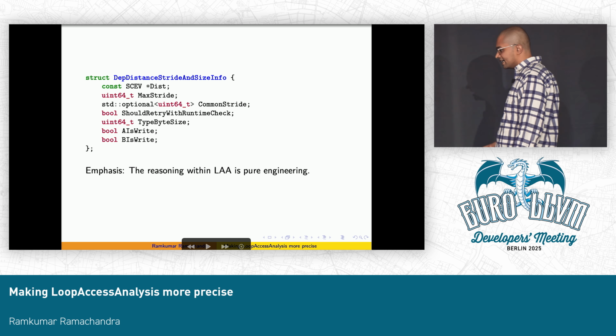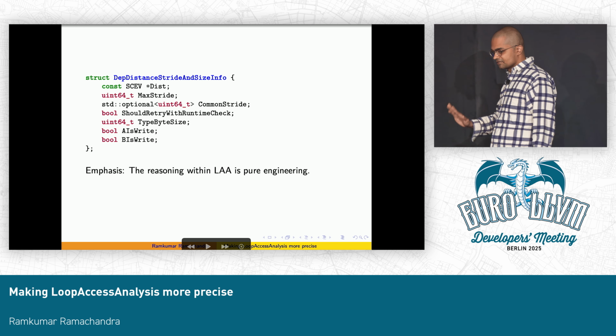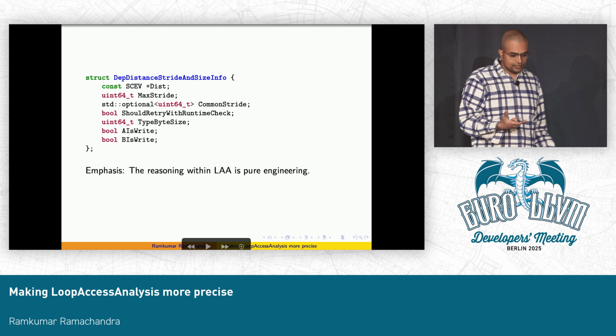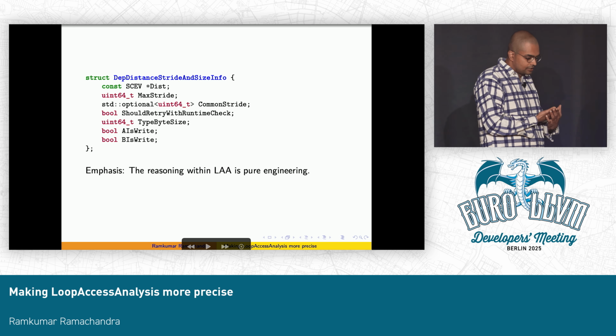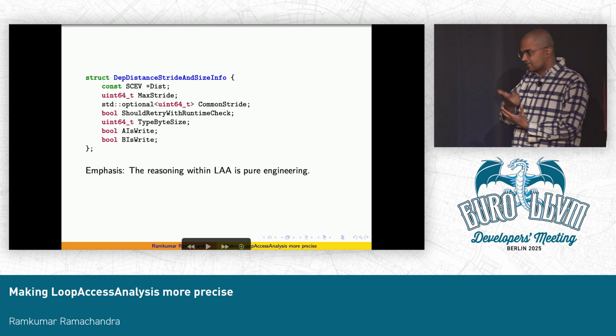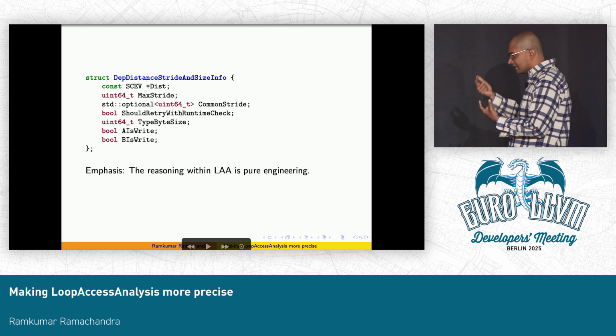But I'm not going to get into the details of that. So the type byte size is essentially the size of the pointer's underlying variable. That is, if it's an int star, then it's how much that int star will increment with every +1.